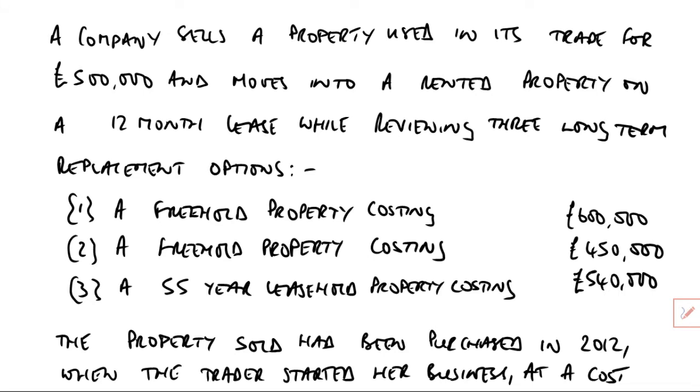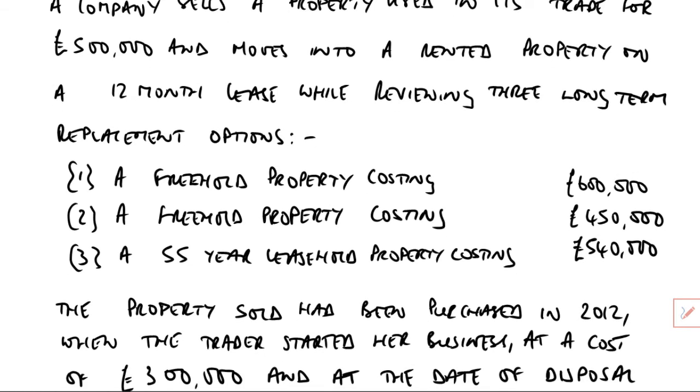Corporate tax, company sells a property used in its trade, qualifying business asset, proceeds £500,000, though currently in a rented property on only a 12-month lease. So as long as after that and within 3 years of the date of disposal, we make a suitable reinvestment in another qualifying business asset, then either rollover, as you'll have seen from 2 of these options anyway, or holdover will then be available.